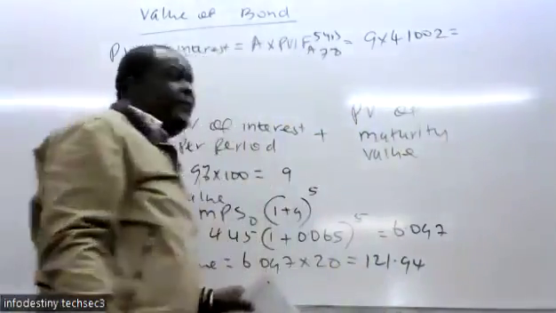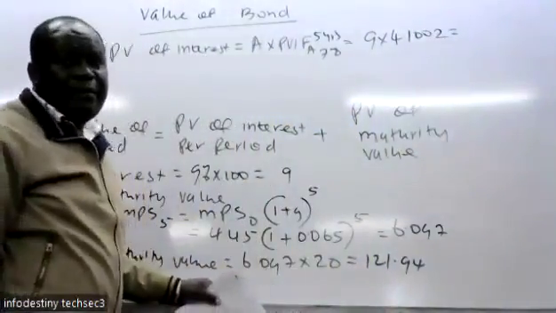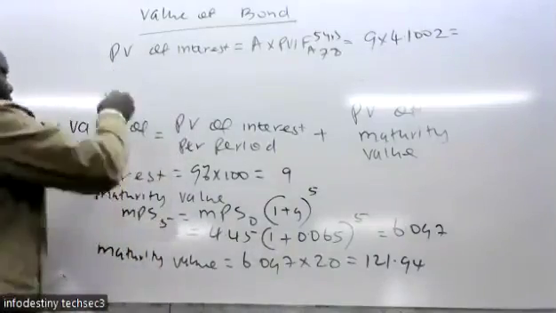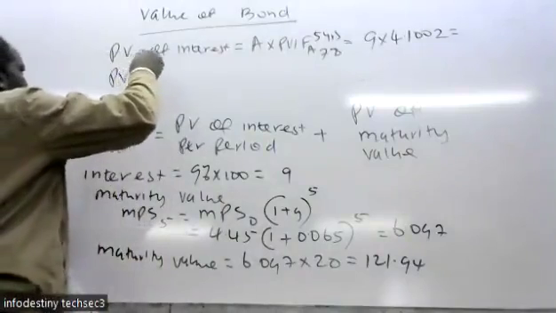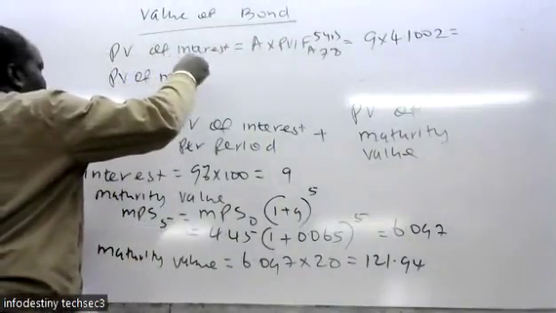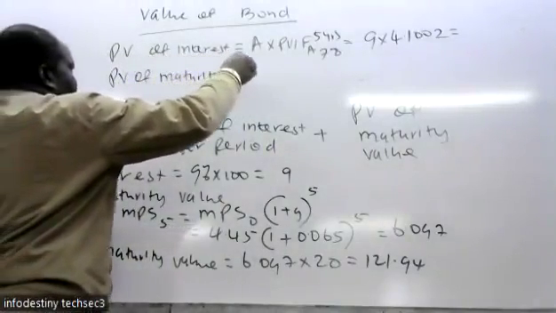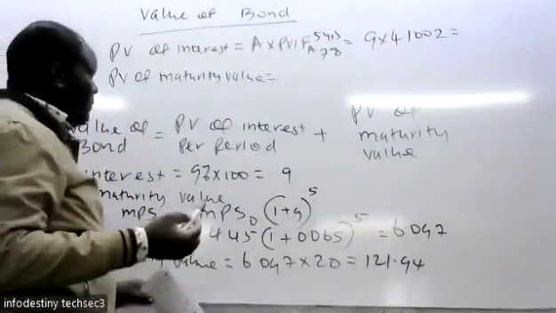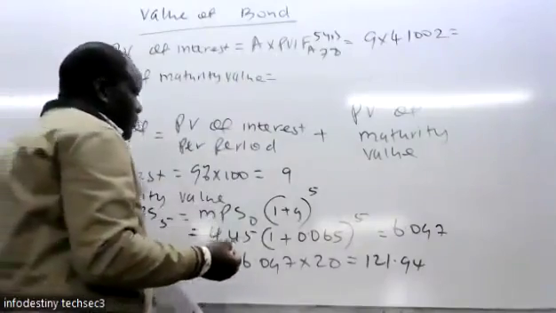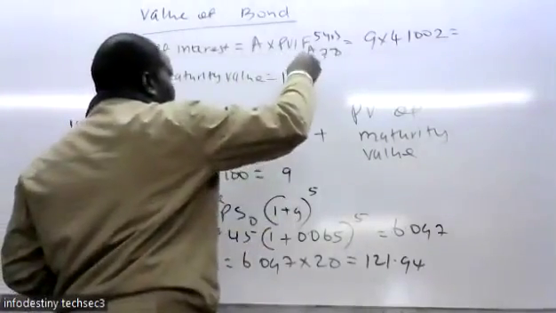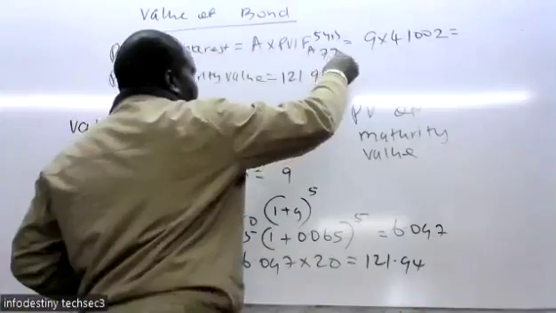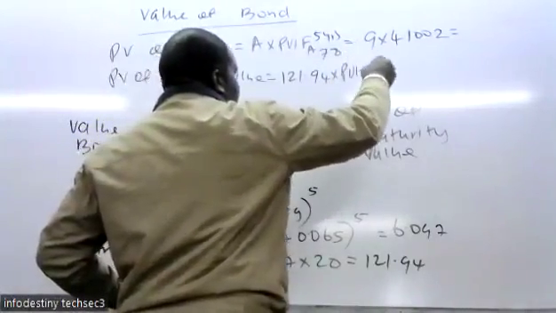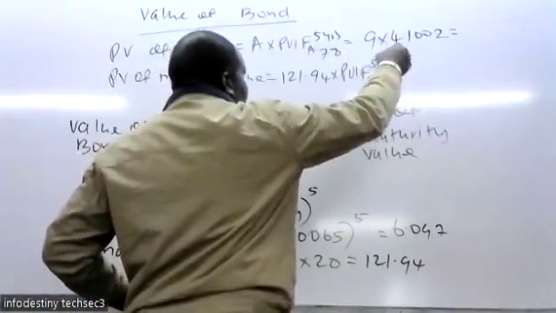1.102. So that should be the present value of the interest. Then you also factor in the present value of the maturity value. The maturity value was 121.94. We discount it at the present value interest factor for 7% in year 5.